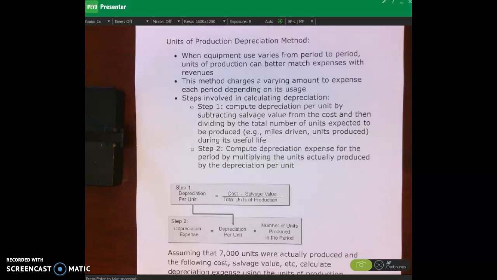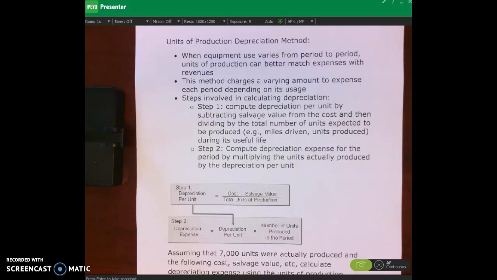But what if we have an asset that is used a lot in year one of its useful life, barely at all in year two, maybe it's used some more in year three, and then not used in year four, and then used a whole lot in year five. So you do have some assets that vary in their use across their useful lives. Think maybe a truck on a construction site.